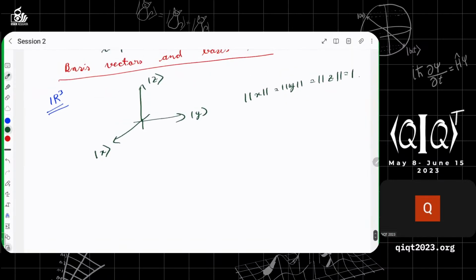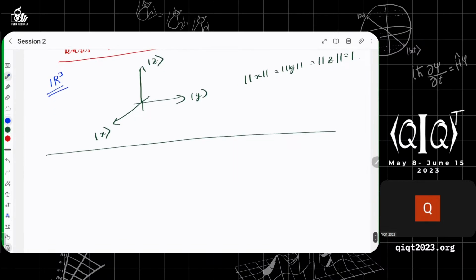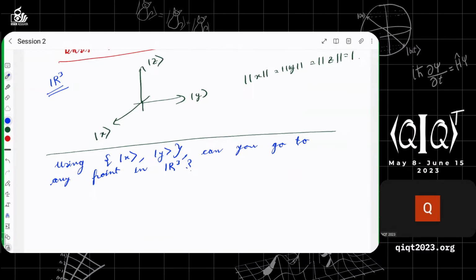Now, I'd like to ask you the question: whether using only x and y, can you go to any point in R3?